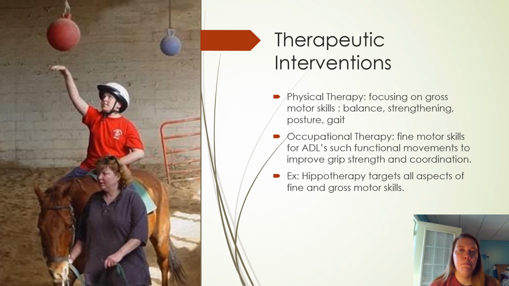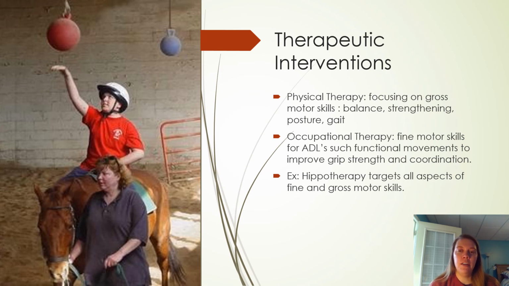You will see balance exercises, strengthening weak muscles, posture correction, as well as gait correction within the physical therapy realm. Now, occupational therapists will focus more on the fine motor skills, grasping, increasing hand grip and motion, so that these individuals can achieve activities of daily living, such as grooming themselves and dressing themselves.